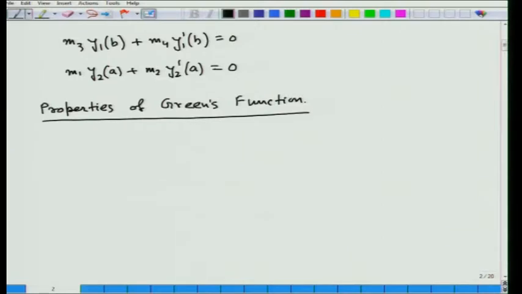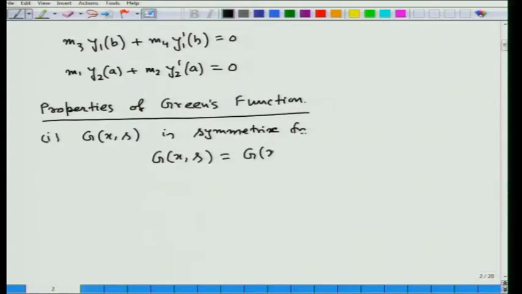First of all, you can easily verify that G(x, s) is a symmetric function of two variables x and s, that is G(x, s) is equal to G(s, x). So, that means interchanging the role of x and s, you can easily verify that this condition is satisfied.